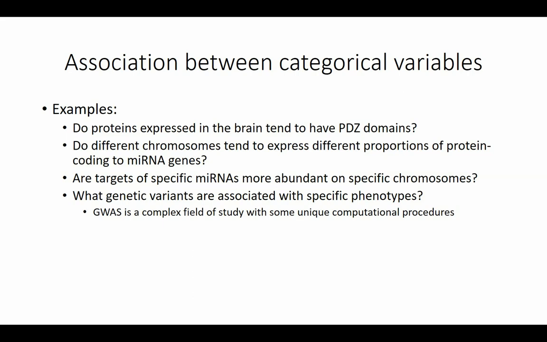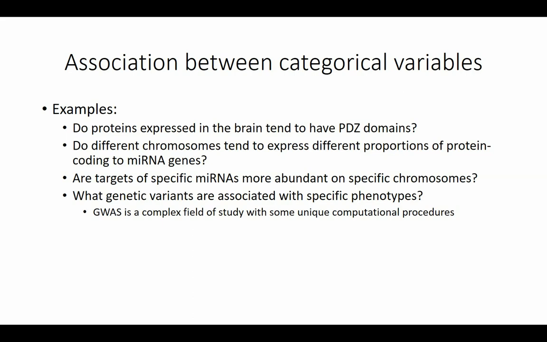I'm going to discuss it in a few slides, which says for each combination of a chromosome and type of gene, which could be either protein coding or microRNAs, how many of these combinations we have. And since we're in the business of counting objects, that's typically a big clue that we're dealing with two categorical variables. So we look at two categories, and then we count how many entities we have of each combination of these categories.